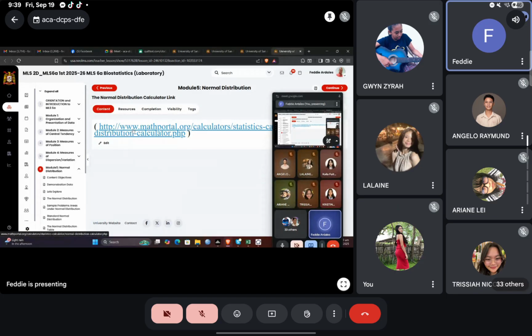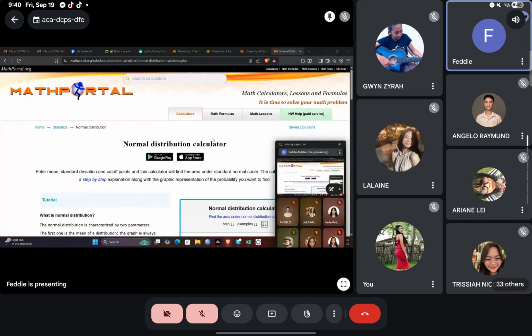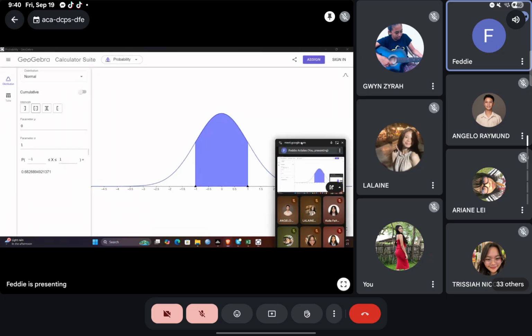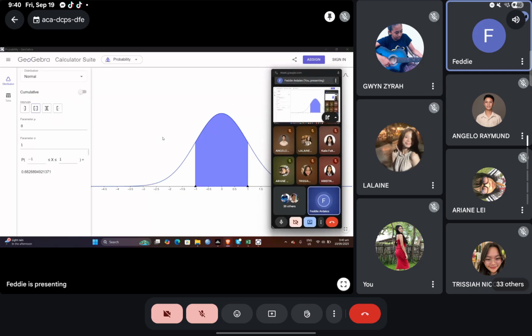You can double click this one, and then it will lead you to this portal. Now let's try to use this later on. At the same time, I'm also using GeoGebra. I believe most of you already have an idea on how to use this application. So we'll make use of this application and, at the same time, the online calculator. Okay, let's now proceed to this example.